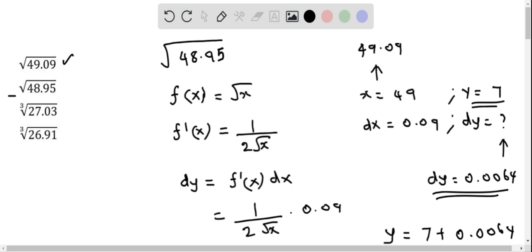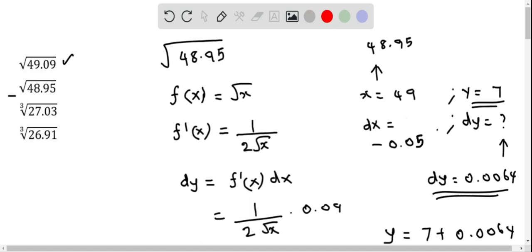I can consider x as 49, but dx will be different because it is 48.95 minus 49, and this will be negative 0.05. So y is still 7, but we have to find dy.